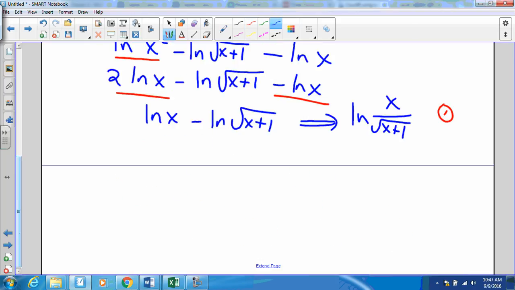A square root is an exponent, specifically an exponent of 1/2. And if I now apply the log property to that, then it would probably be ln x divided by x plus 1/2.